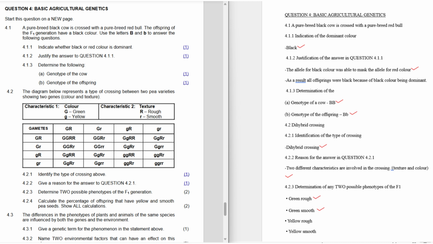The allele for black was able to mask the allele for red color. As a result, all offspring were black because the black color was dominant.